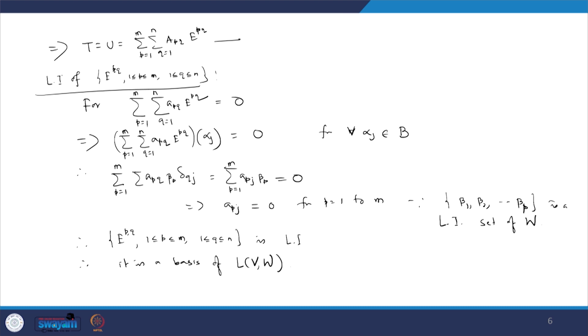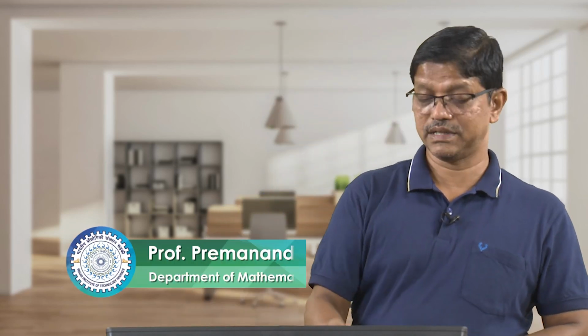So we have seen that for the vector space L(V,W), when V and W are finite dimensional of dimension n and m respectively, the dimension of L(V,W) is finite and equal to mn. And for a given ordered basis, one can easily construct the basis elements also in this way.